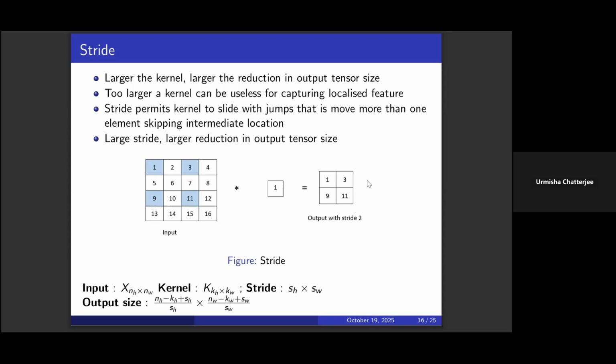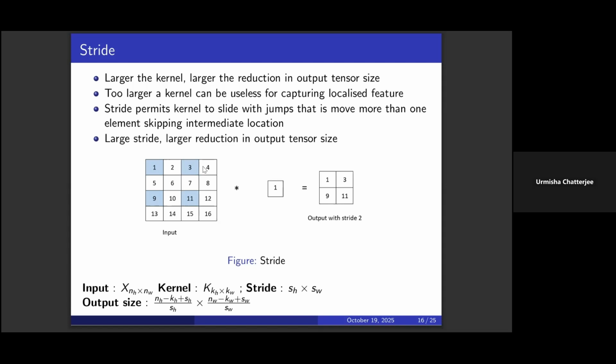What stride does is it allows the kernel to slide more than one element, skipping the intermediate locations. That means so far the kernel was sliding smoothly. Here in this case, I have used a one by one kernel. It was supposed to slide from the first element 1 to 2, then 3, then 4 in this way, when the stride is 1.